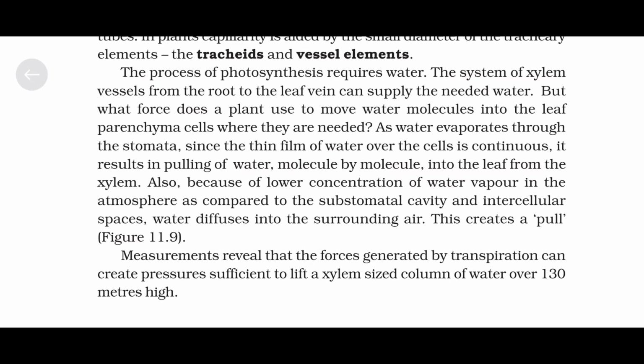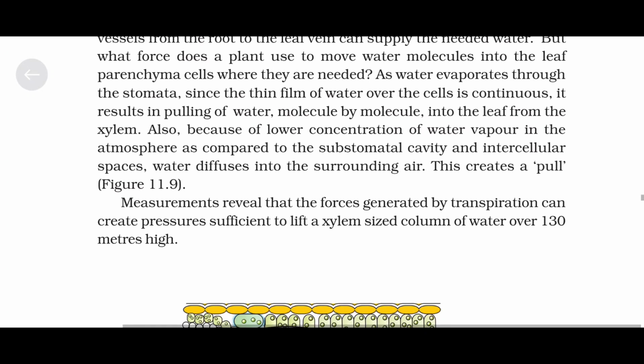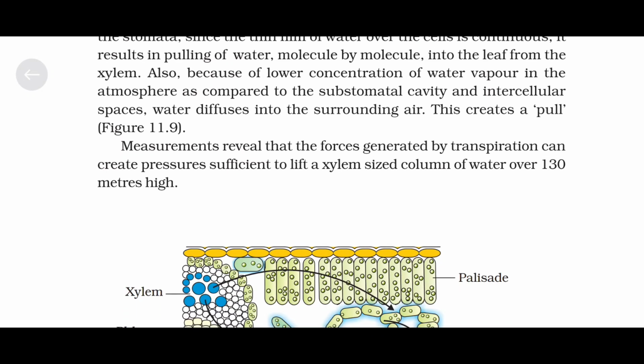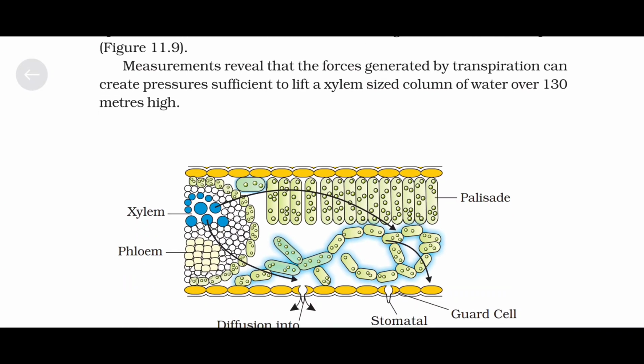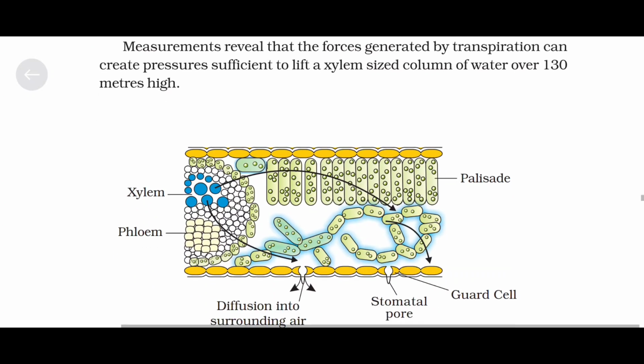Also, because of lower concentration of water vapor in the atmosphere as compared to the substomatal cavity and intercellular spaces, water diffuses into the surrounding air. This creates a pull. Measurements reveal that the forces generated by transpiration can create pressures sufficient to lift a xylem-sized column of water over 130 meters high.